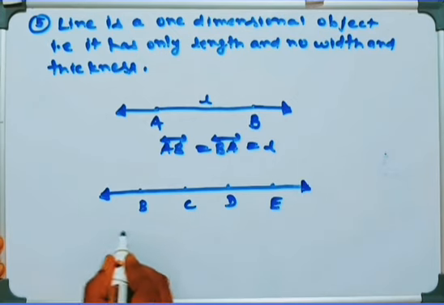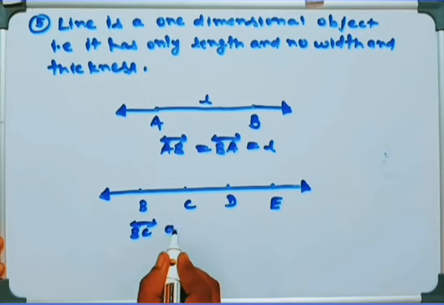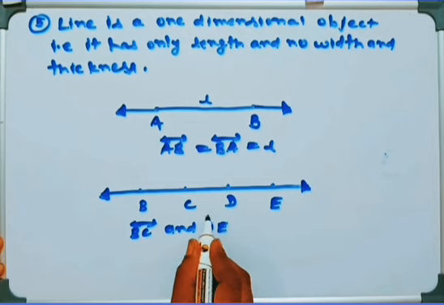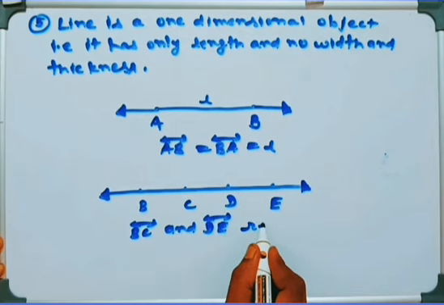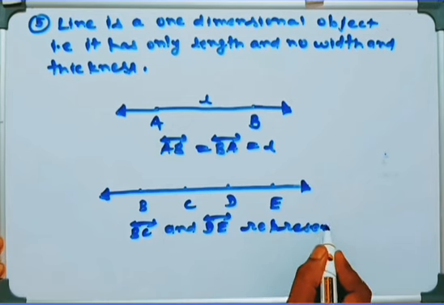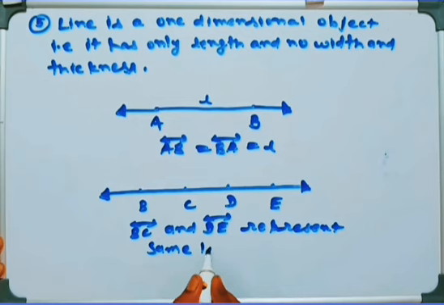Now line BC and line DE represent the same line. Next, we will see the properties of lines.